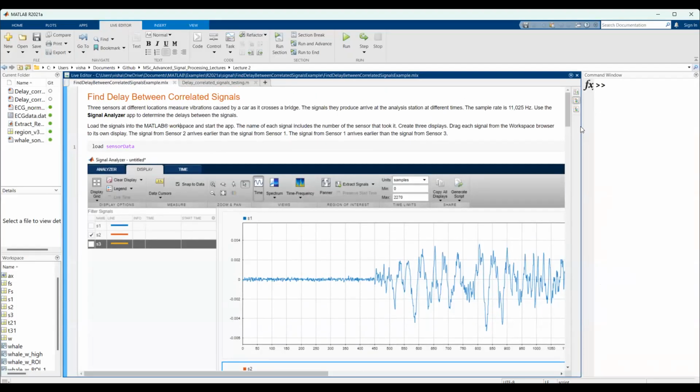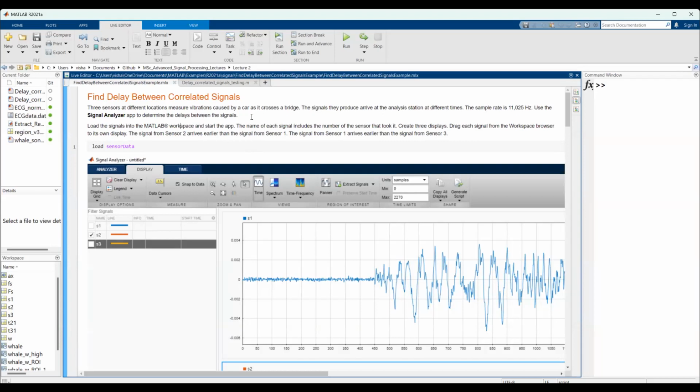I hope you are able to see the MATLAB window. We have another example that we are going to study today. This is about signals that we obtain from sensors that we place across a bridge.